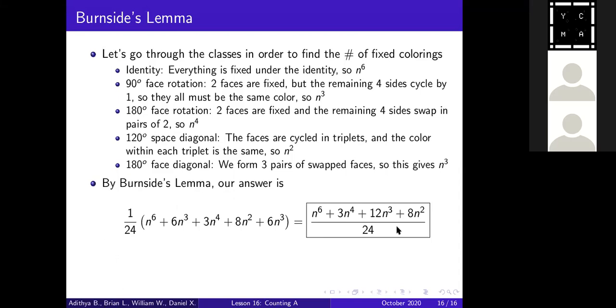If we just add this up, then this gives us our total sum, and that's our answer. And you can see how a method like this can be used to solve the previous question, for example, where you just list out all the possible symmetries and then count how many colorings are fixed.